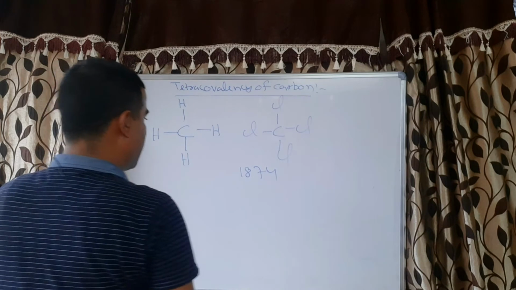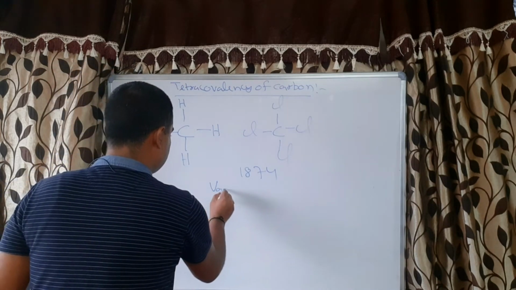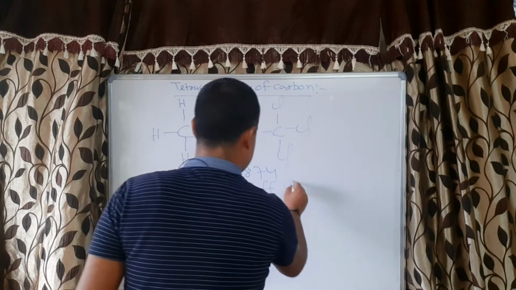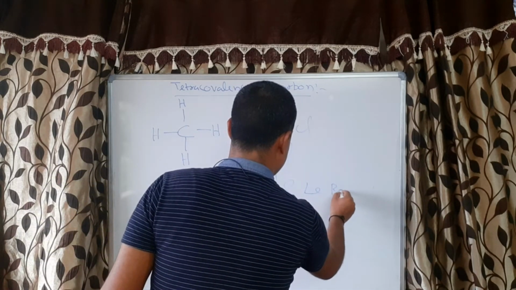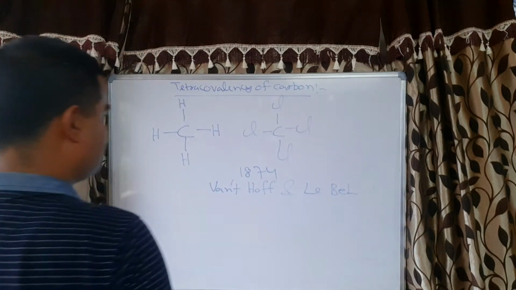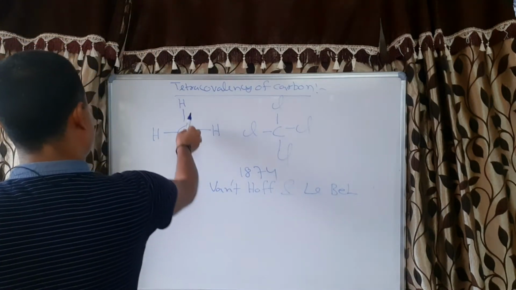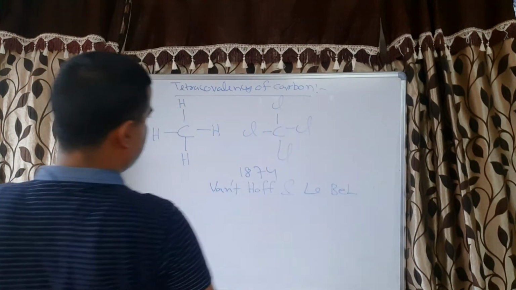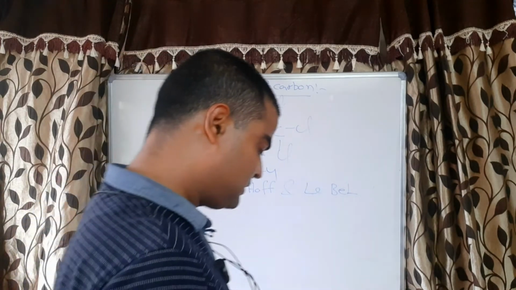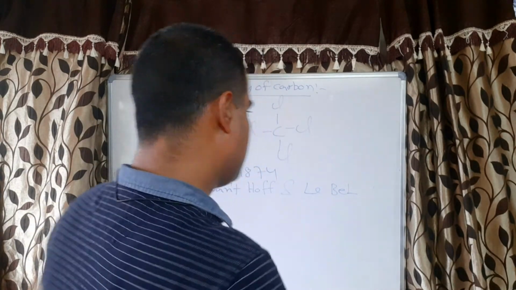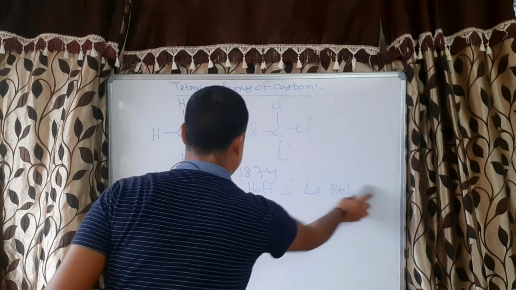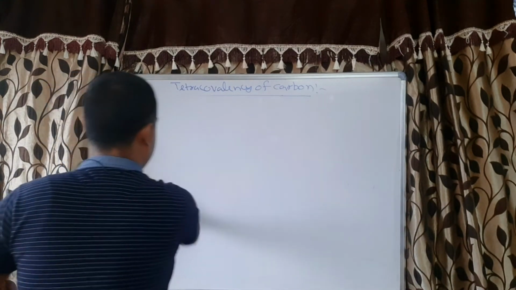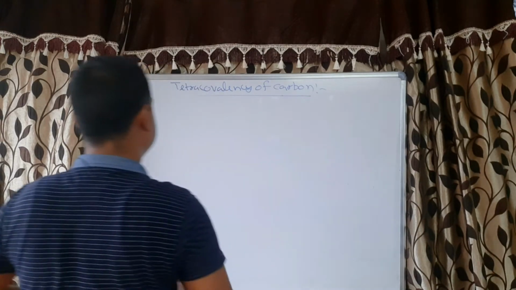For that, in 1874, two scientists came, named van 't Hoff and Le Bel. These scientists suggested that all 4 valencies of carbon are directed towards the corners of a regular tetrahedron. Now what is a regular tetrahedron?